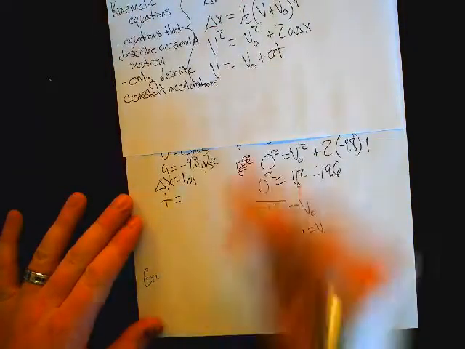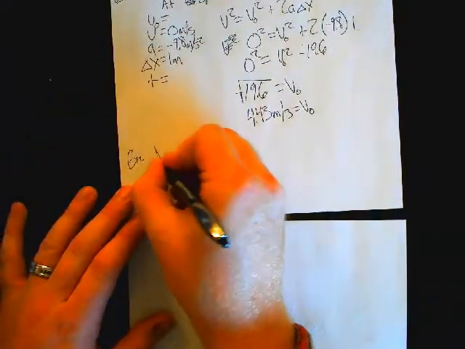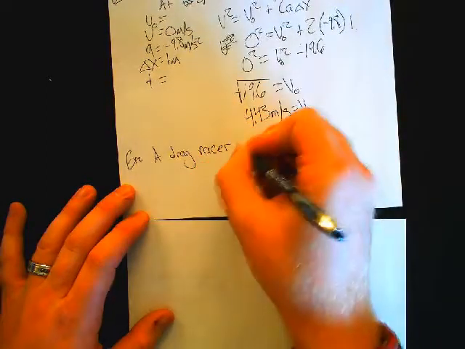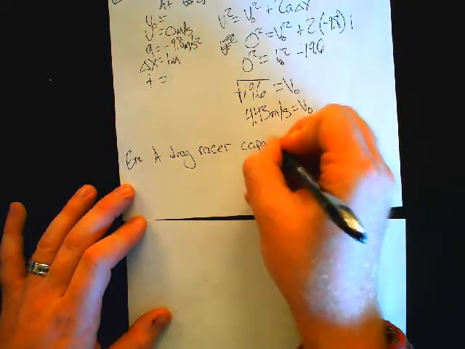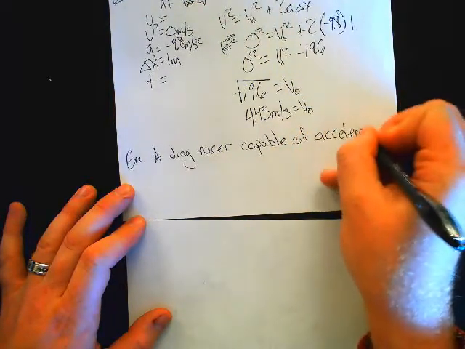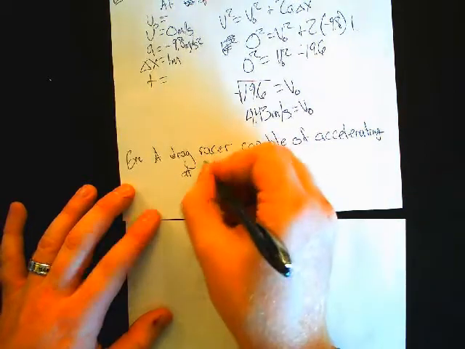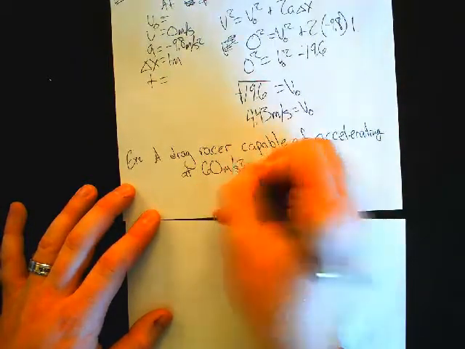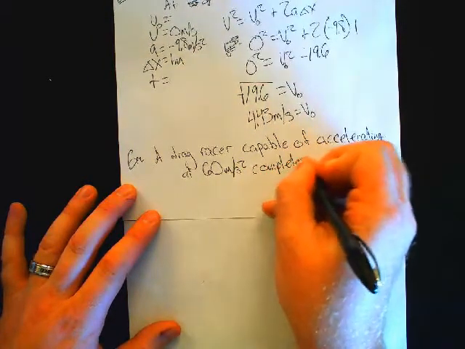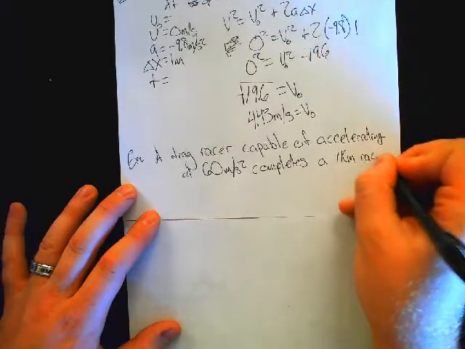Example 2. A drag racer capable of accelerating at, let's say, 60 meters per second squared, completes a 1 kilometer race.